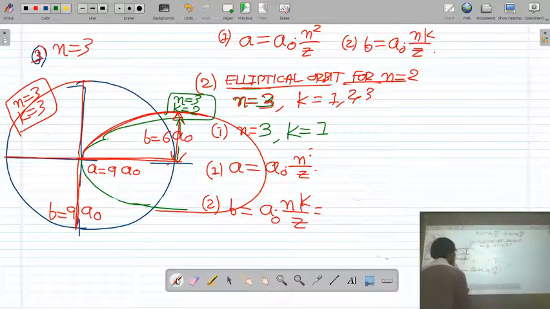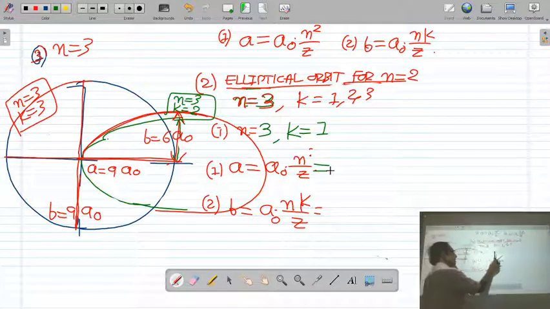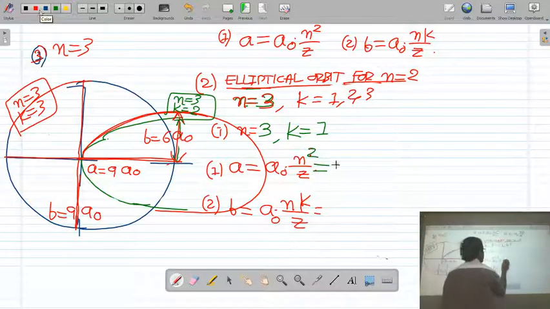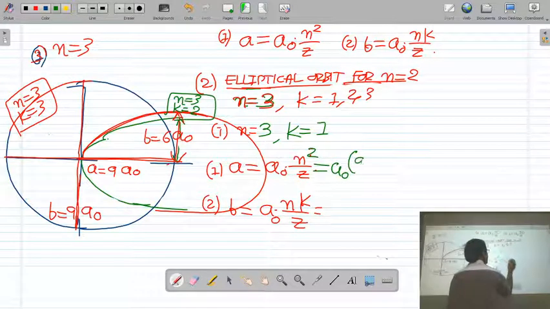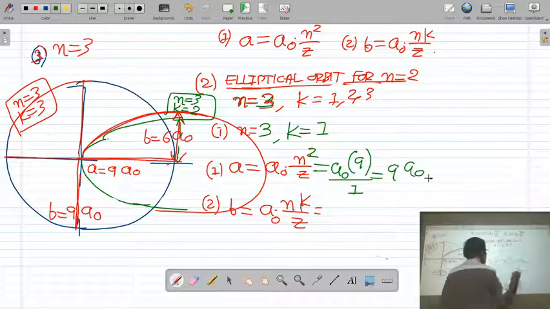Semi-major axis is determined with the equation A0 n square by Z. A0 is the Bohr radius. n is 3, so 3 square will be 9. Z is 1. So semi-major axis is 9A0.